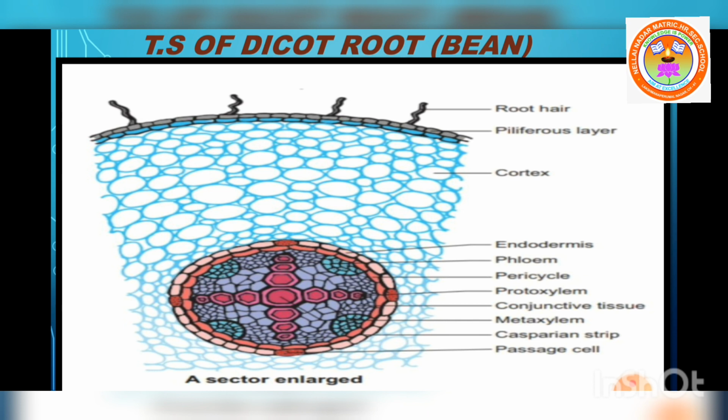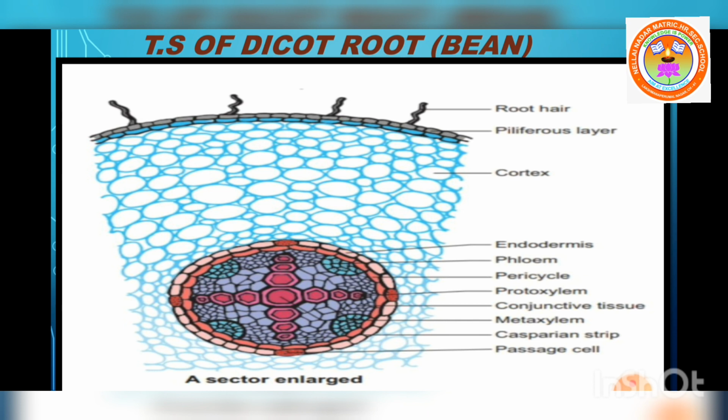Next, endodermis. It is the innermost layer of cortex. Endodermis is made up of barrel-shaped parenchyma cells which are closely packed or compactly arranged without any intercellular spaces.